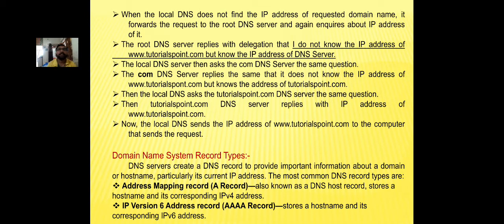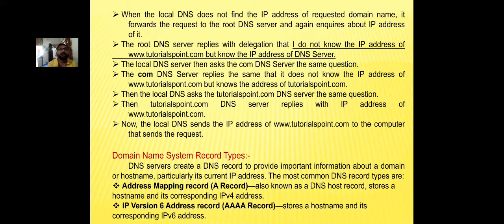The local DNS server then asks the COM DNS server the same question. The COM DNS server replies the same, that it does not know the IP address of the website www.tutorial.com but knows the address of tutorial.com.